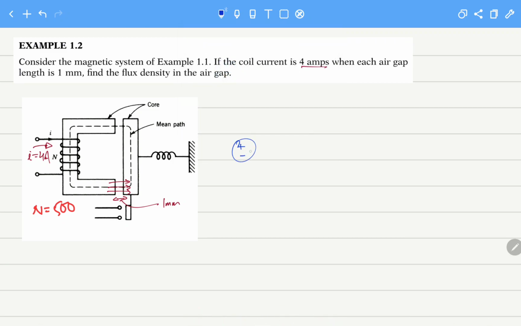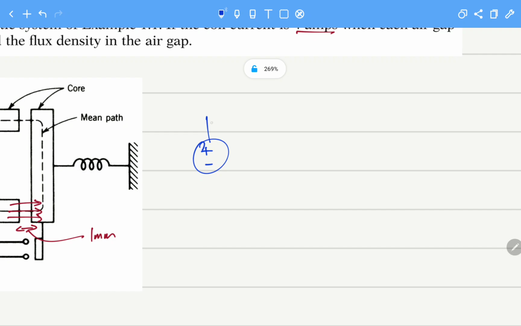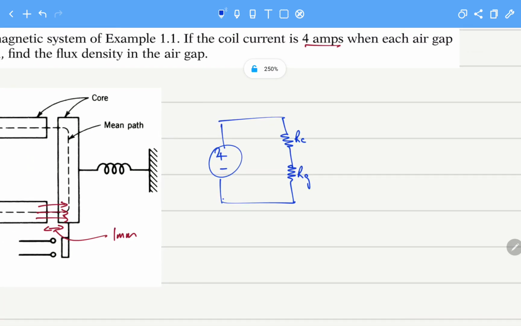The equivalent circuit of our proposed electromagnetic system is like this, where this is the reluctance of the core and this is the reluctance of the air gap, and we have the force F. Now let us assume that the air gap is the part consuming all of our magnetomotive force, because the core is a very good material.